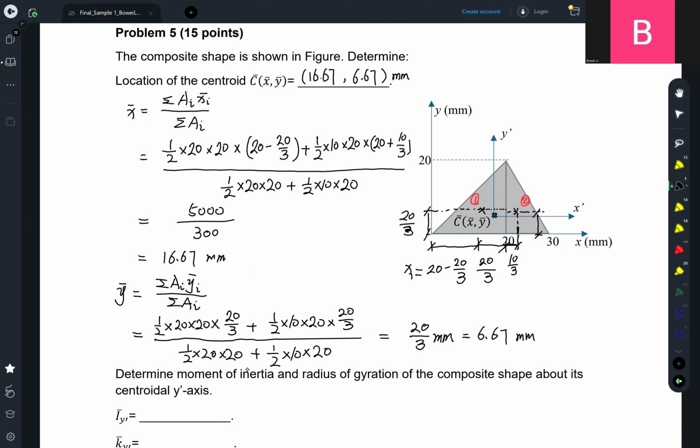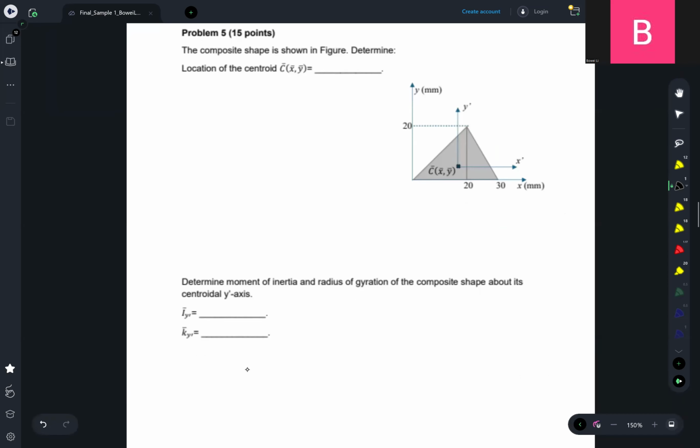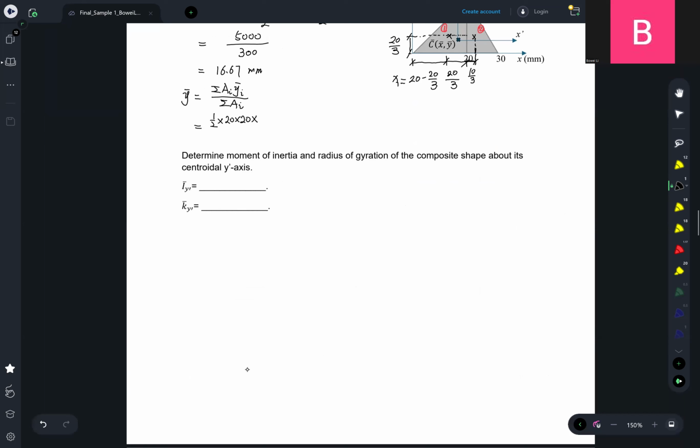Here we are trying to find the moment of inertia of the composite area, right? So the moment of inertia of a composite area about an axis, how can we approach that?